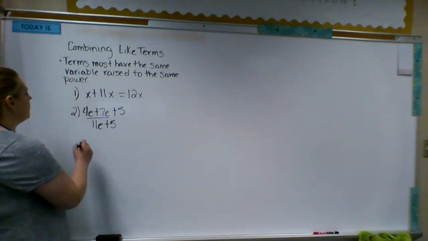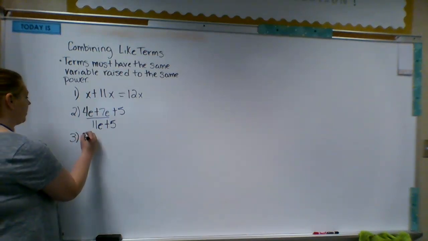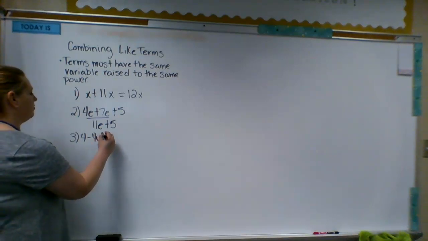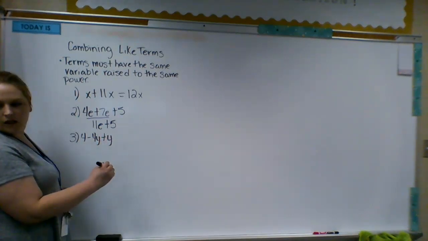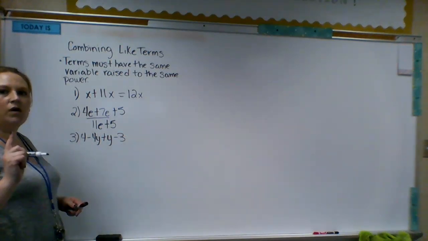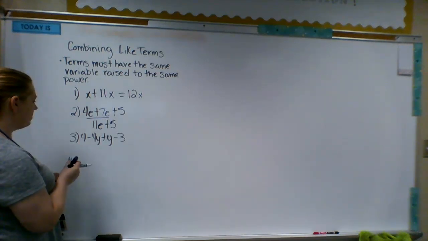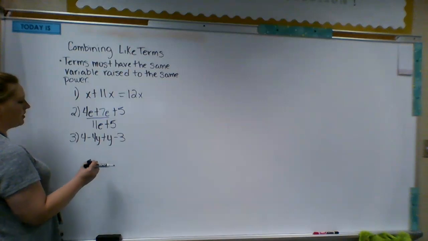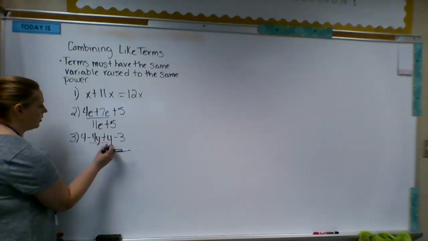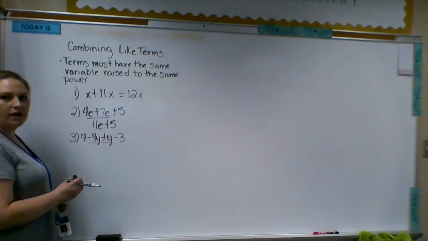Okay, number 3. I have 4 minus 4y plus y minus 3. Remember, we want to try to keep the terms that have the variable first, and remember that we keep the sign in front of the term. So this would be negative 4y plus y.